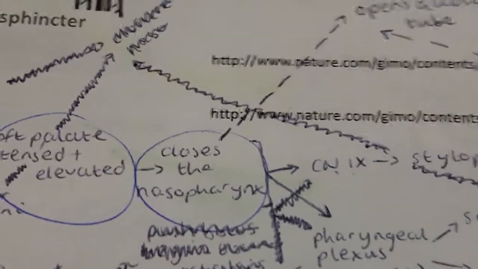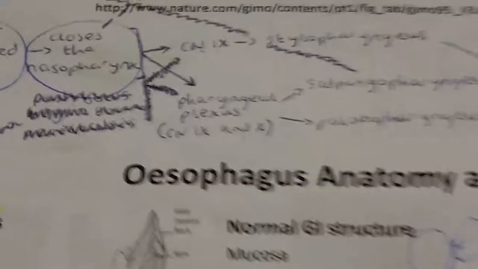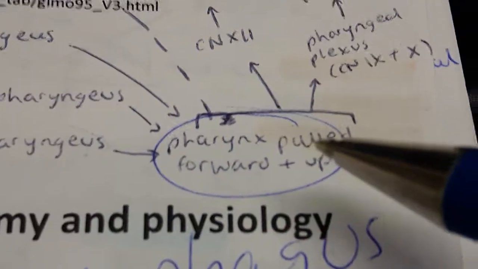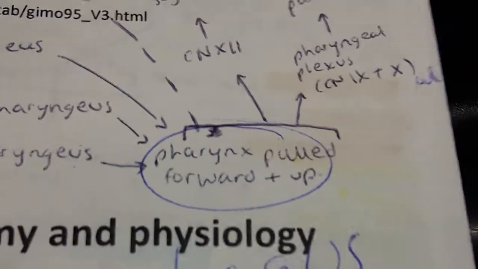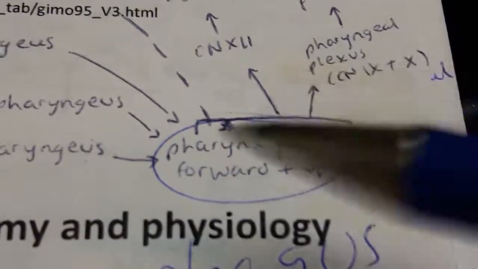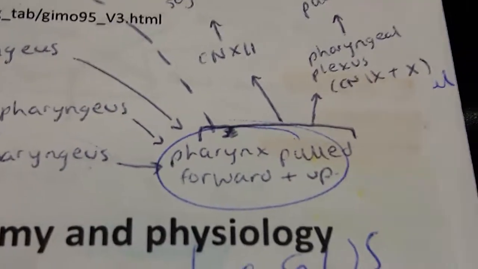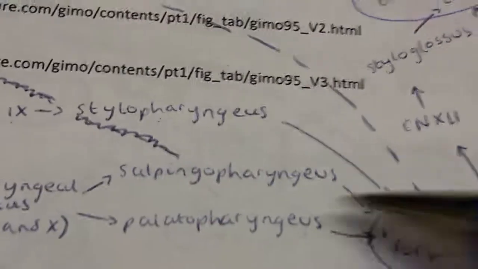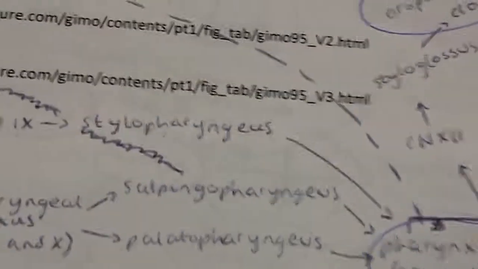Once you've closed the nasopharynx, the next thing you want to do is pull the pharynx forwards and upwards to the food. And the way you do that is you use the longitudinal muscles of the pharynx, which are the three muscles: stylopharyngeus, going from the styloid process to the pharynx, salpingopharyngeus, and palatopharyngeus.